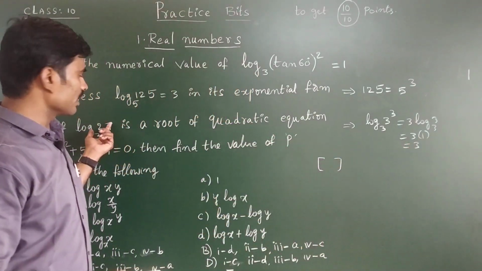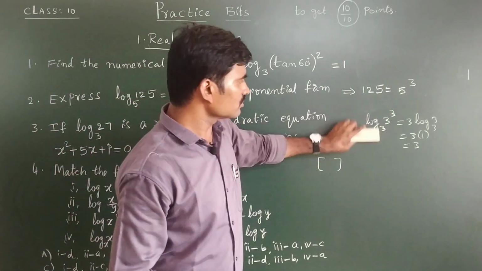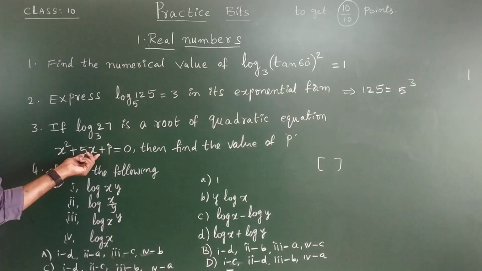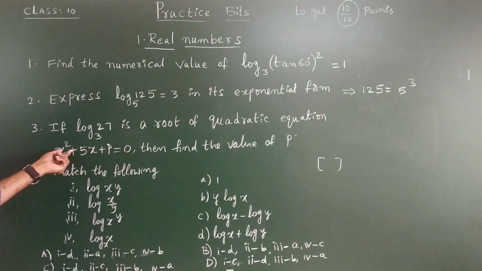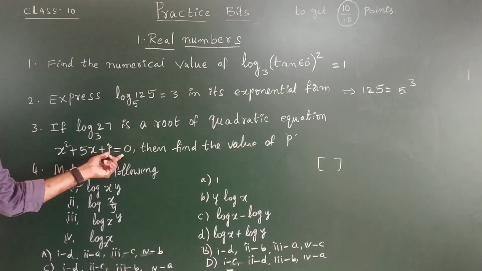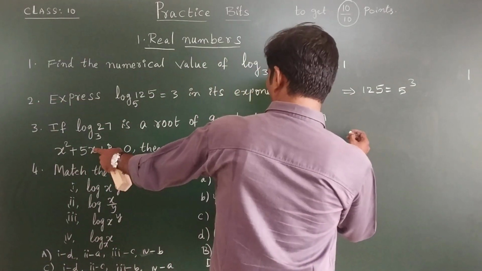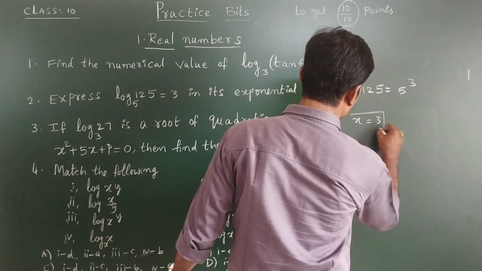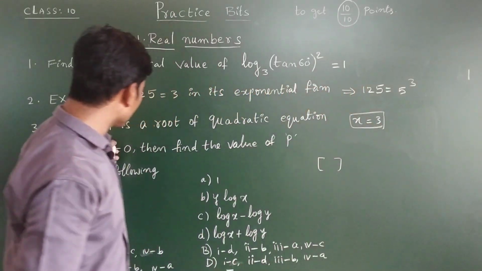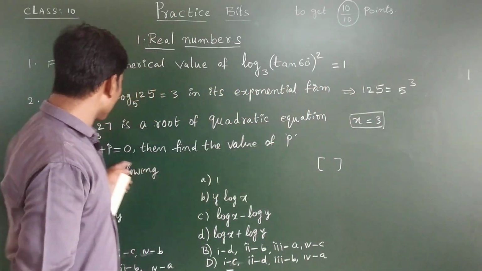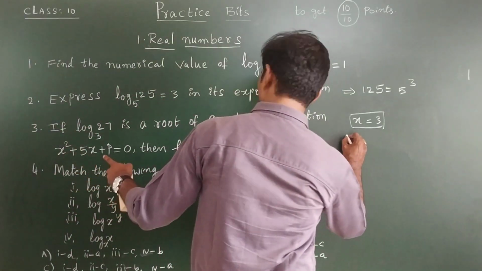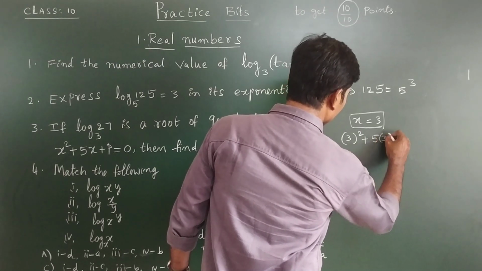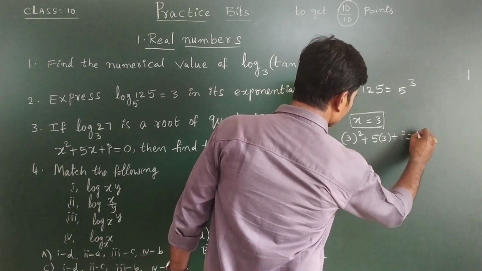So indirectly 3 is a root of the given quadratic equation. So we can substitute 3 in the place of x and we can get p value. Log 27 base 3 is equals to 3, so x value is 3. Substitute in this equation: 3 square plus 5 into 3 plus p is equals to 0.